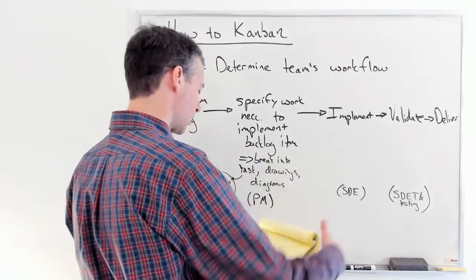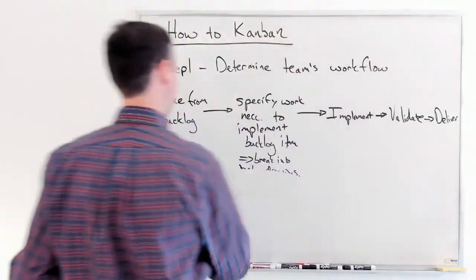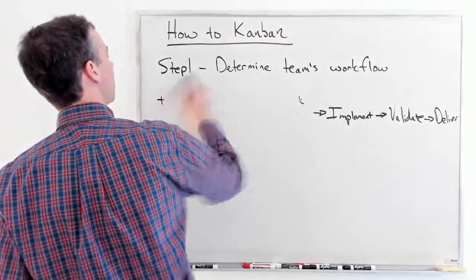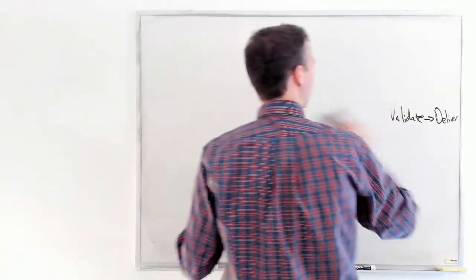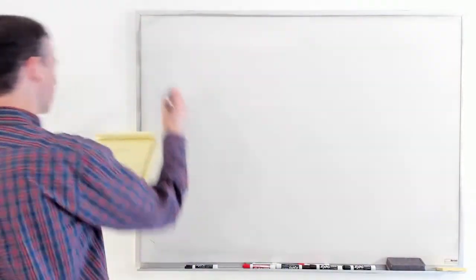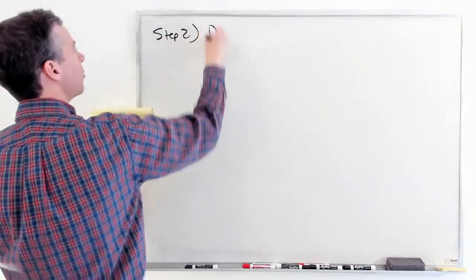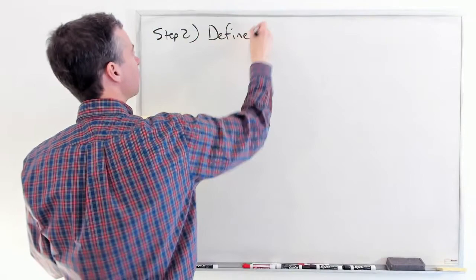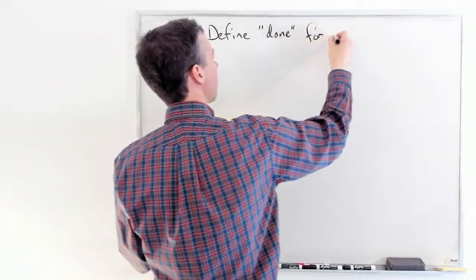All right. So for step 2, I'm going to skip ahead and say, well, you figured out what your workflow is, but we do need to talk about, at each of these stages, what does it mean to be able to go from one stage to the next stage? So step 2 is we need to define what done is for each step.